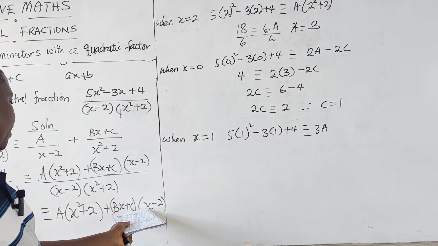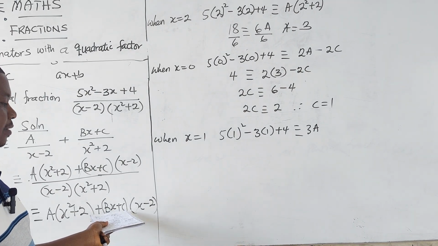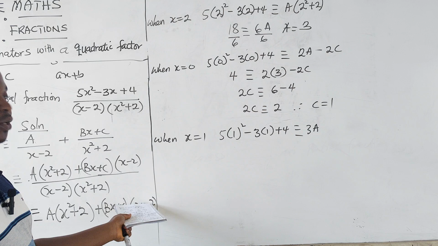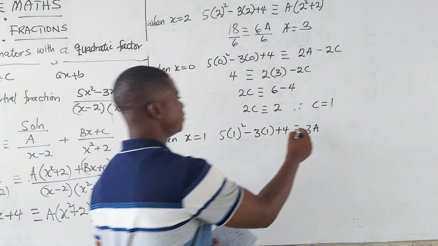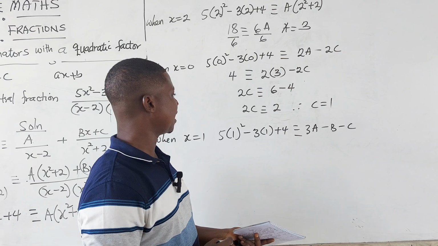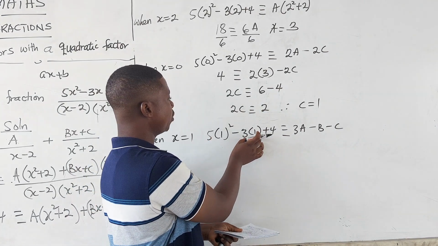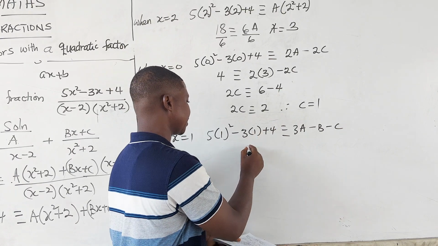When I put 1 here, this one is going to give me b plus c. 1 here, I'm going to get 1 minus 2, that's negative 1. So minus b minus c. Having gotten that, this side is giving me 5 minus 3, and that will give me 2. 2 plus 4, that's 6.